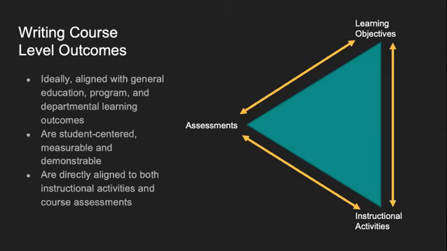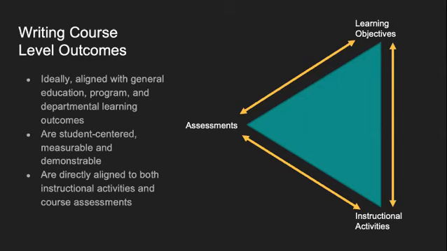If you're teaching a general education course, then certainly you'd have at least one outcome aligned to your institution's gen ed outcomes. If you teach a course in a specific program, like nursing, for example, then you would have departmental and program level outcomes that you would want to align your content to.